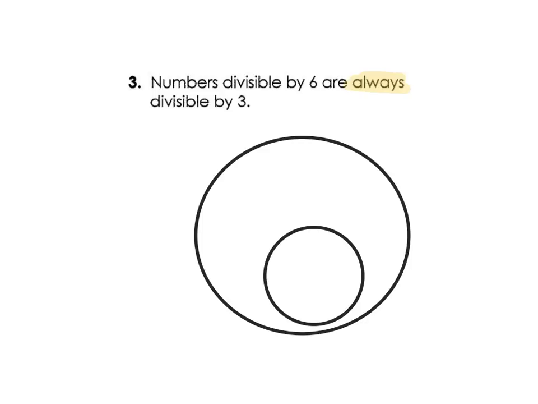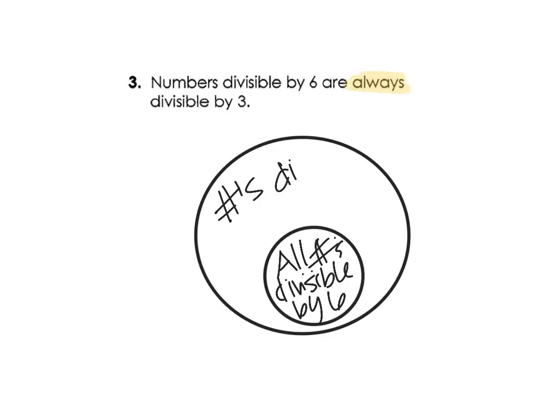I'm just going to draw an arrow here and write it in: all numbers divisible by 6. Numbers divisible by 6 are always numbers divisible by 3, because if a number is divisible by 6, it has to be divisible by 3 as well. This would be a Venn diagram that represents that.